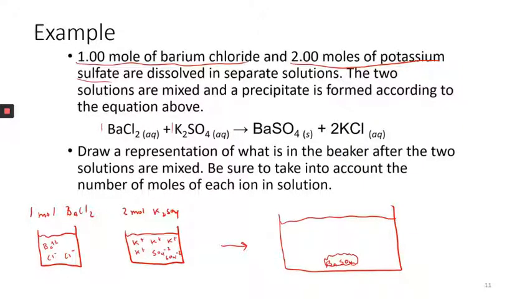So let's look at what we started with. We had 1 barium, which we took care of, and our precipitate, and 1 sulfate, which we took care of. Anything I didn't cross out is still left floating around. So 4 potassium ions, 2 chloride ions, and 1 sulfate ion.